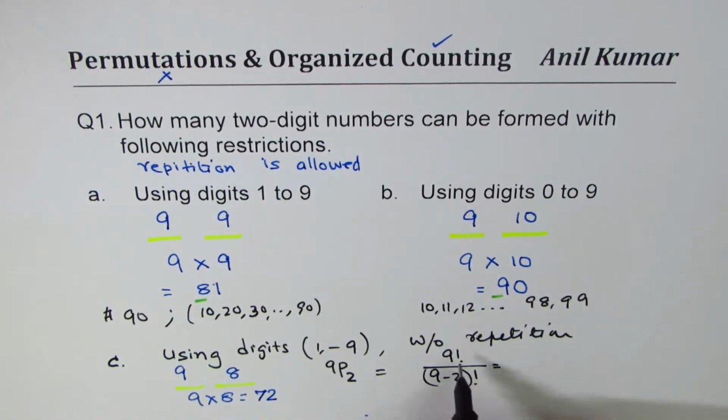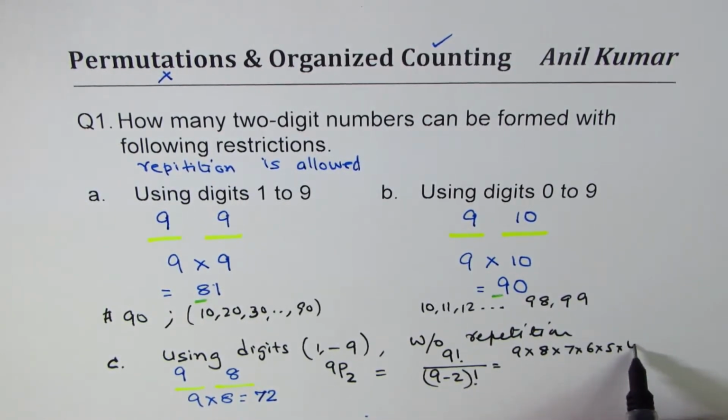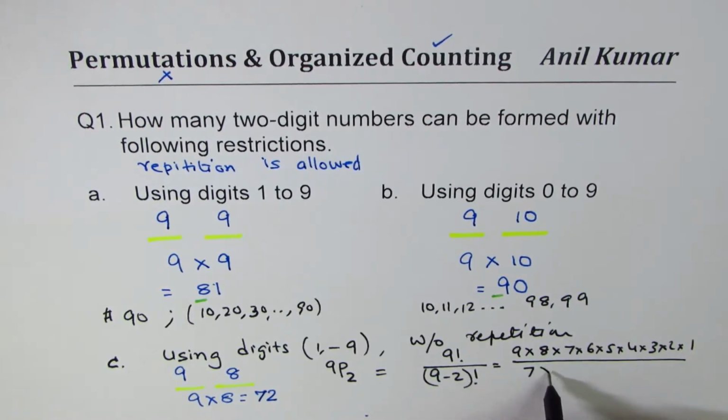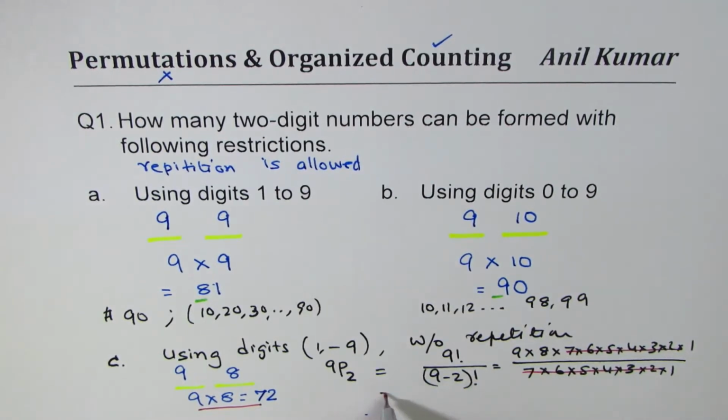As you know, 9 factorial means 9 times 8 times 7 times 6 times 5 times 4 times 3 times 2 times 1. 9 minus 2 is 7 factorial, right? 7 factorial means, let me write, 7 times 6 times 5 times 4 times 3 times 2 times 1. And clearly, you can cancel these, right? You land with 9 times 8, the same answer, and so 72. Is that okay? Same answer. So it's kind of a shortcut method.